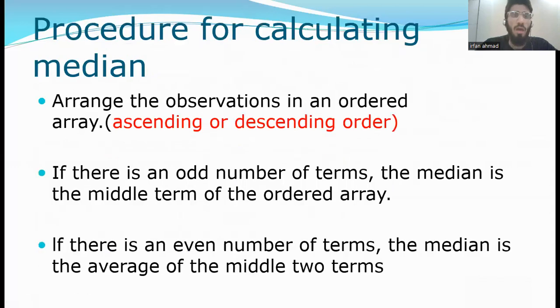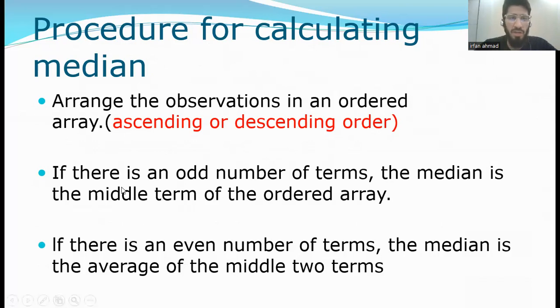Now, the procedure for calculating the median. As we discussed the procedure for how we calculate the mean, now let's talk about the procedure for calculating the median. First, as I said before, arranging or ordering is important, but it doesn't matter whether it is ascending or descending. Just the order is important, so you have to order it.